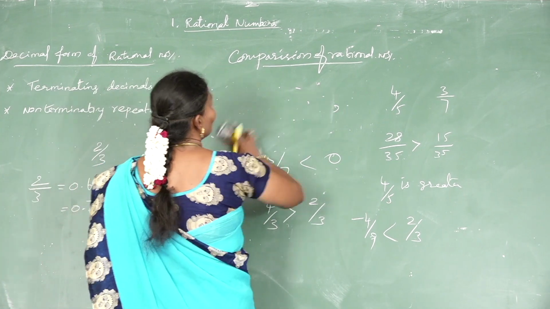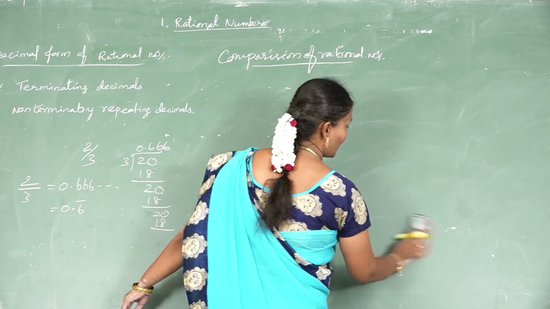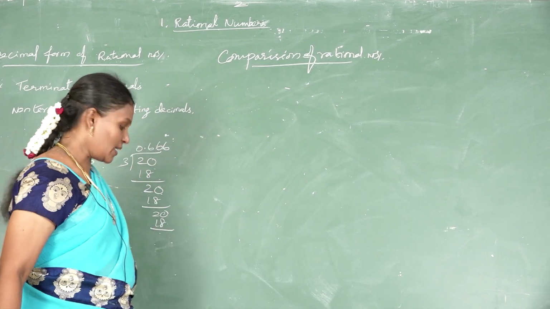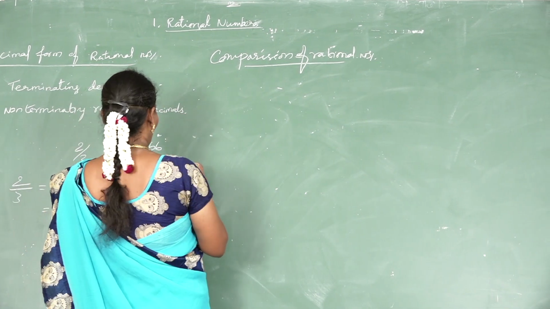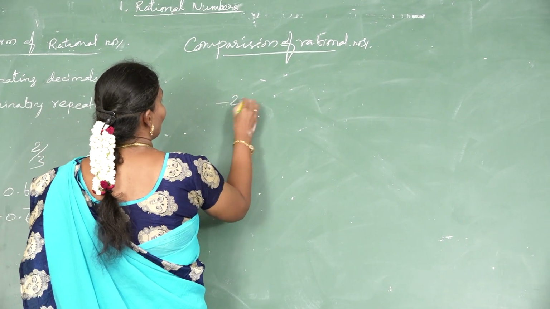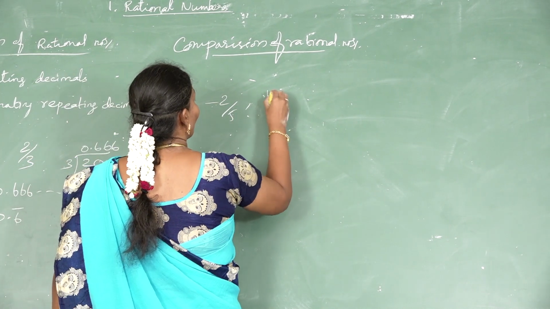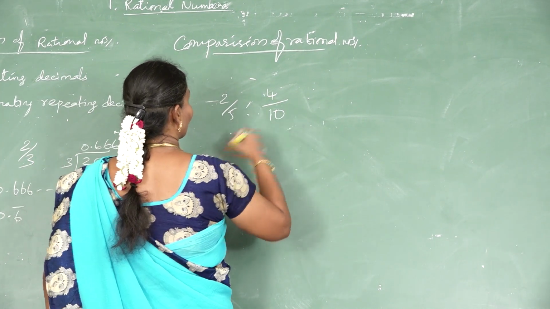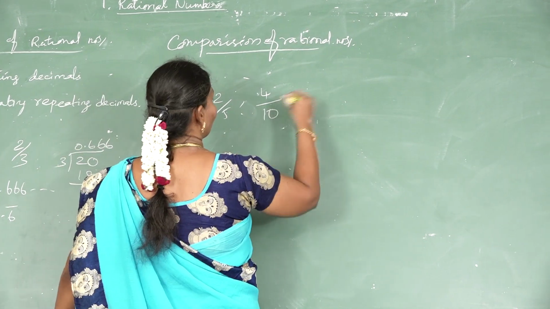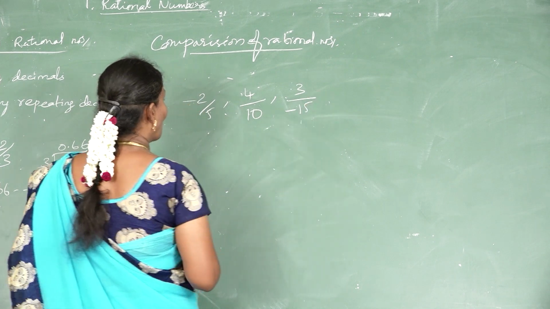Okay. Next we see how to write in ascending or descending order. This is also a comparison of rational numbers only. Now we take some numbers: minus 2 by 5 and 4 by 10. Next, 3 by minus 15.